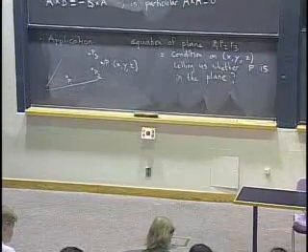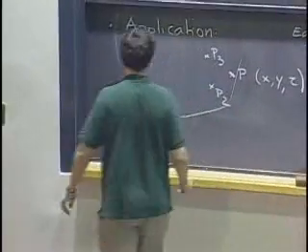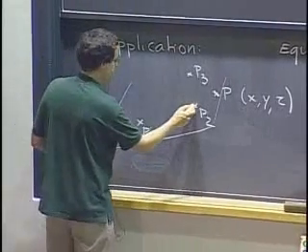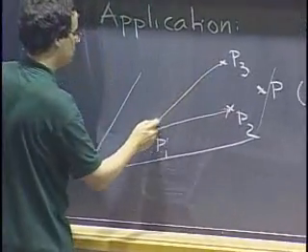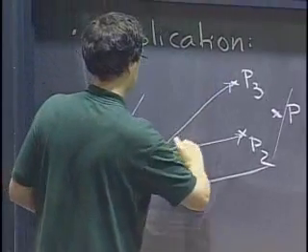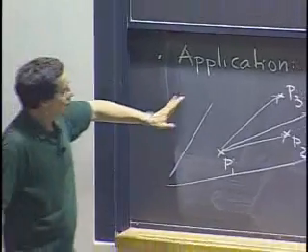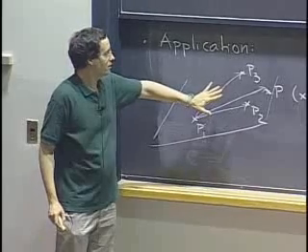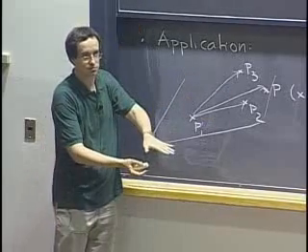For example, one thing we could do, let me just backtrack to determinants that we saw last time. So one way to think about it is to consider these vectors P1P2, P1P3, and P1P. So the question of whether they're all in the same plane is the same as asking whether the parallelepiped that they form is completely flattened.